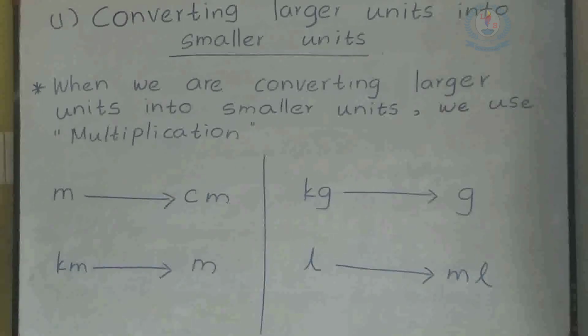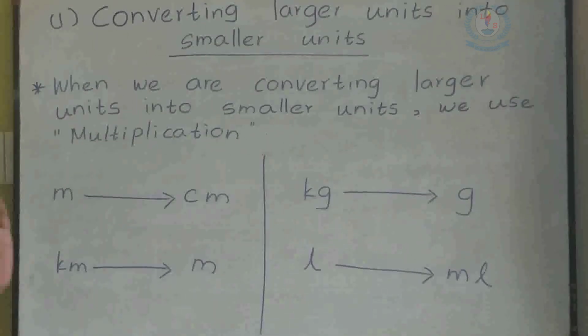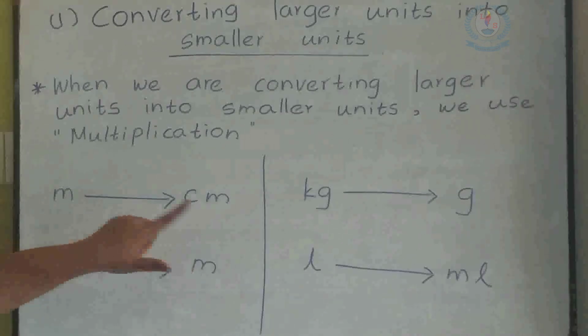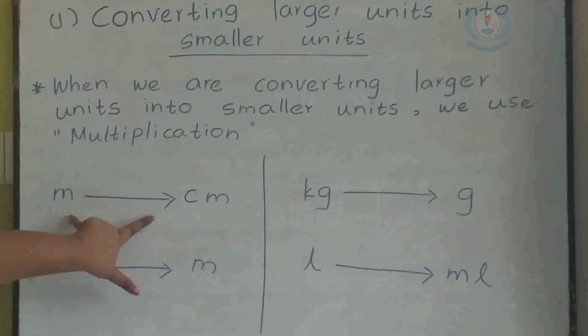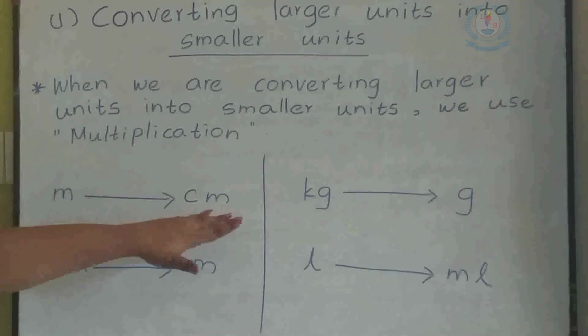When we are converting larger units into smaller units, normally we use a special mechanism. That is multiplication. That means to convert a larger unit into a smaller unit, we need to multiply that value. For example, when we are converting meters into centimeters, we already know that meters is larger than centimeters.